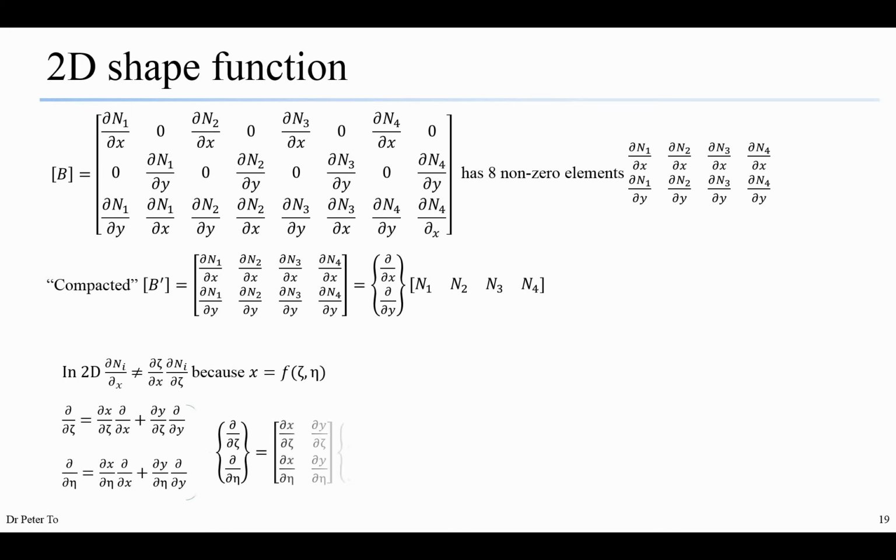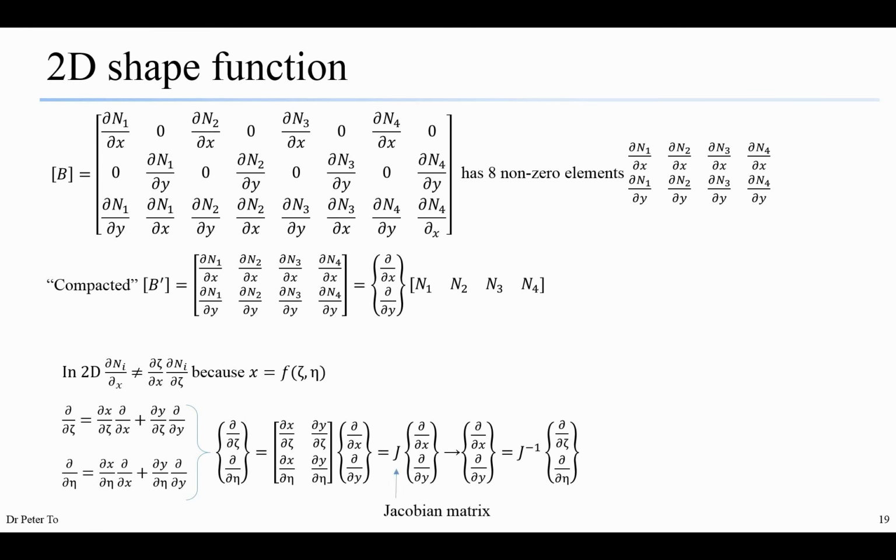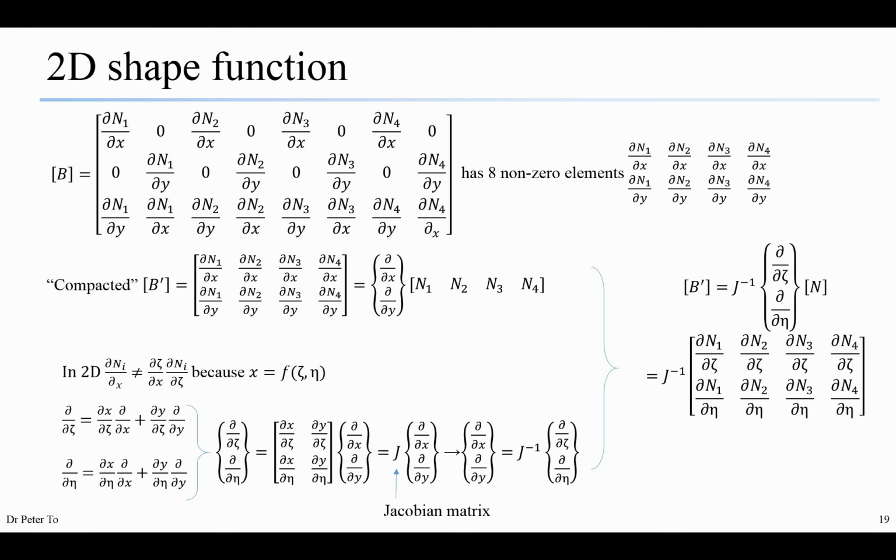So we need to use the derivatives by zeta and eta together to form the Jacobian matrix. And we substitute all of them to calculate the compacted matrix B dash. After getting the matrix B dash, we can pass it back to the full matrix B. So the thing we don't know here is only the Jacobian matrix.